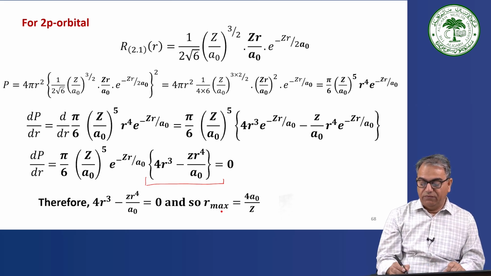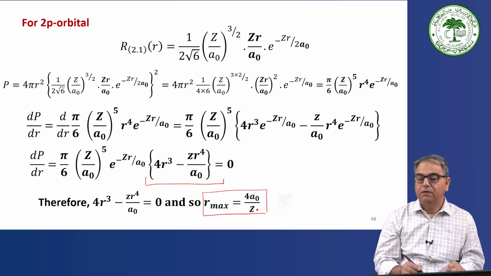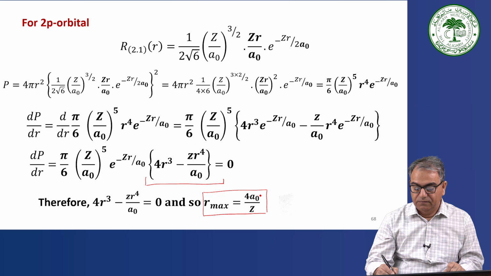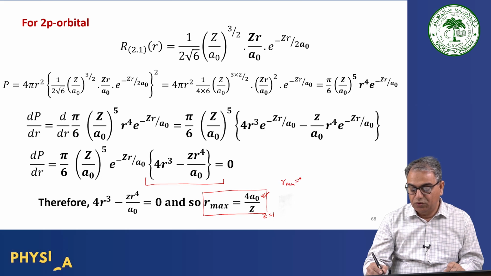If you equate it to 0, what do you get? R maxima comes out to be 4 a naught, for Z equal to 1 for the hydrogen atom.